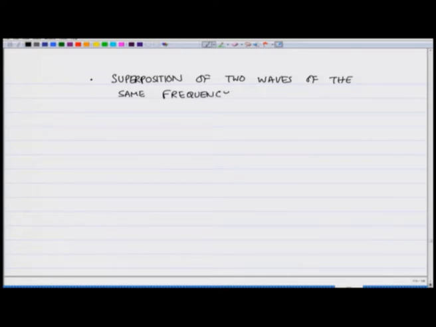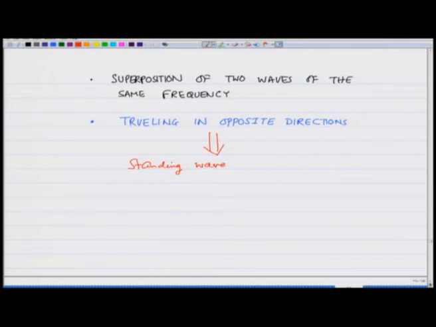We have discussed so far the superposition of two waves of the same frequency and paid attention to the waves which are travelling in opposite directions, and that gives rise to what we have discussed so far, the standing waves.